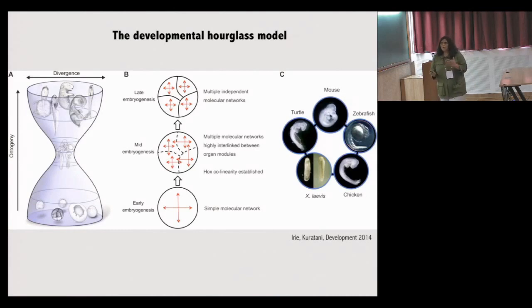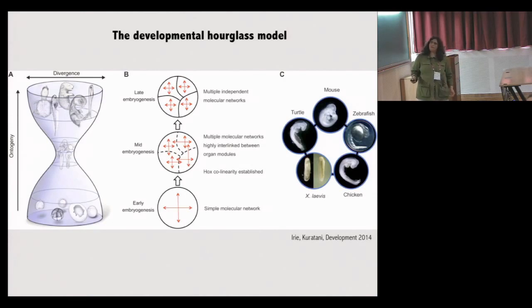And again, I'm not going to go into details of this, but what people who've been looking at the way many organisms develop from single cells to adults has revealed is that if you look at how early events happen and how very late events happen, there's quite a lot of divergence in strategies by which animals acquire forms.